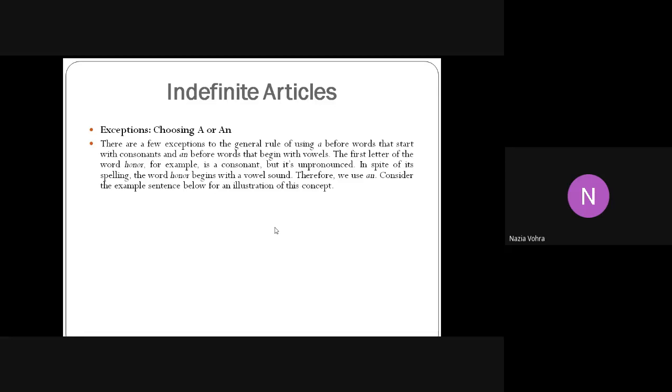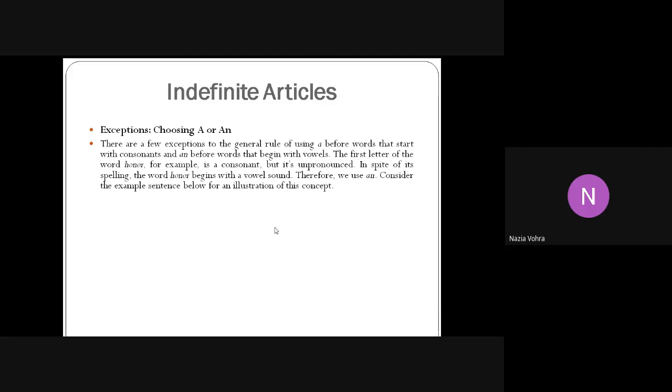The first letter of the word honor, for example, is a consonant h, but it's unpronounced. We don't say h-onor, we say onor. So, in spite of its spelling, the word honor begins with a vowel sound. The sound begins with O. H is silent. Therefore, we use an.